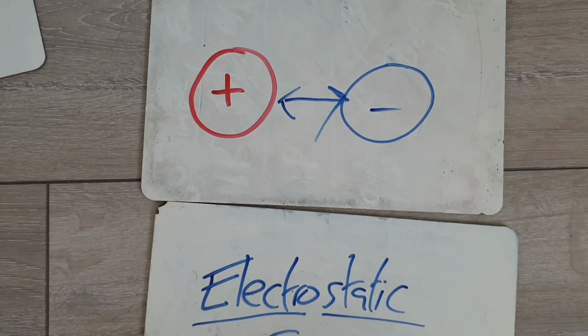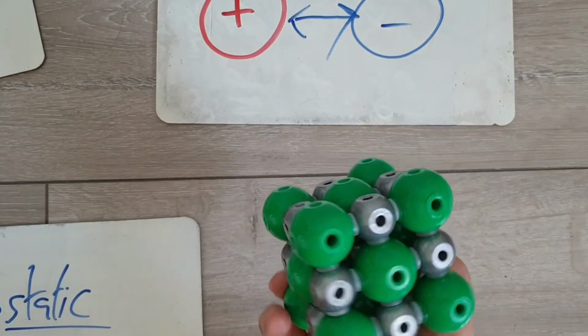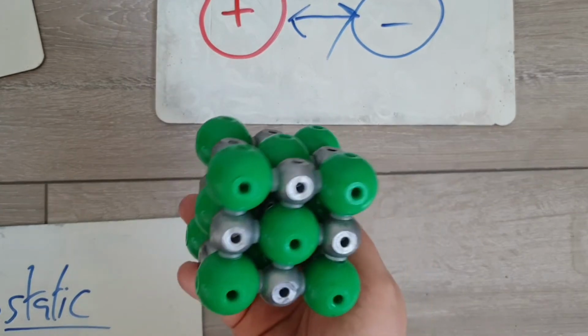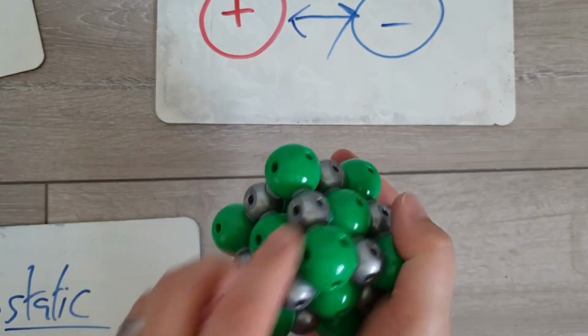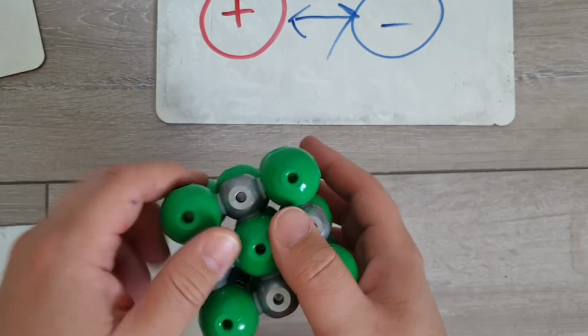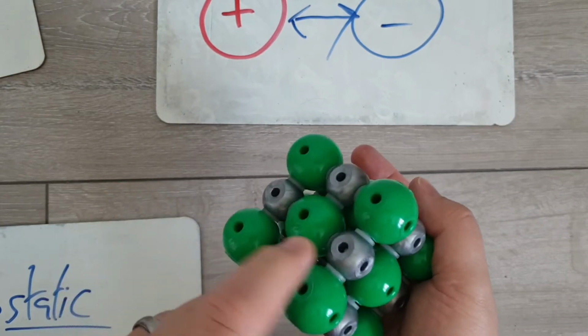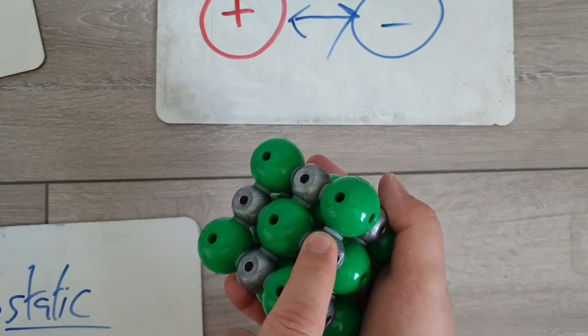And what an ionic substance looks like is this. So this is a model of sodium chloride, NaCl. The green ions are the chloride ions, they're the negatives, and the grey ones are the sodium ones, so they're the positive.